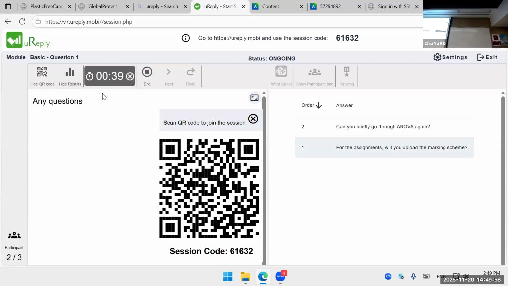ANOVA. Okay, so let's see more questions. I'll go over ANOVA, and next time we'll go a little bit about two-way ANOVA, just to give you the idea of what's going on there.